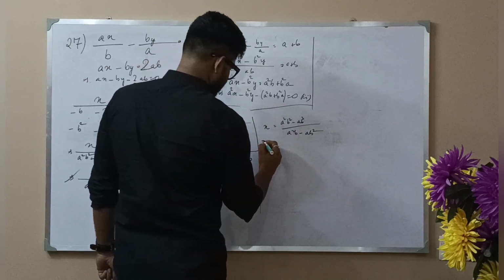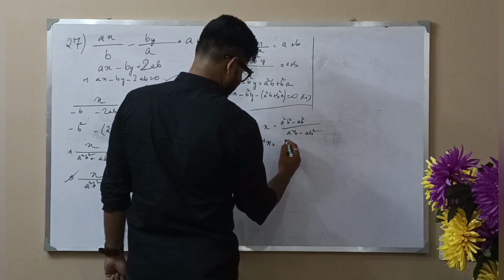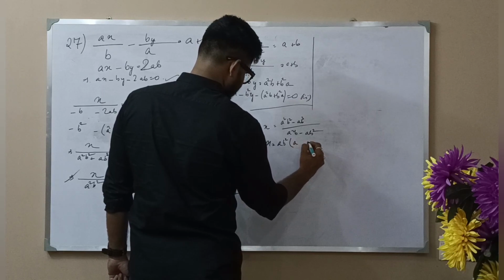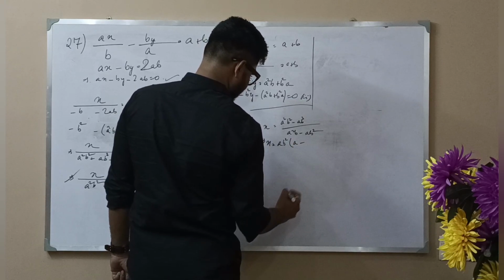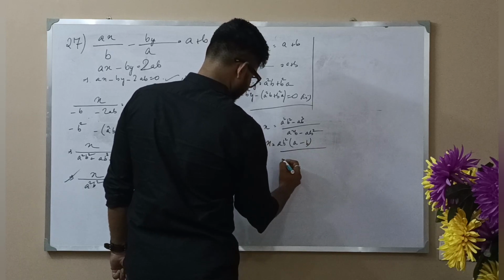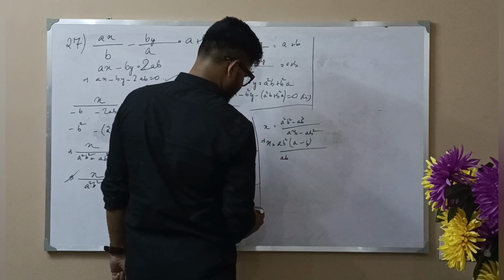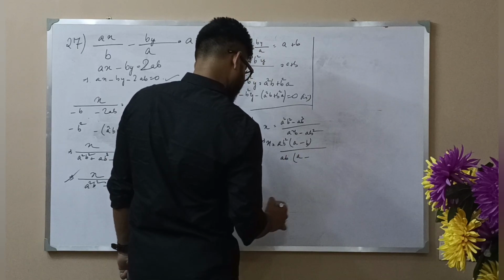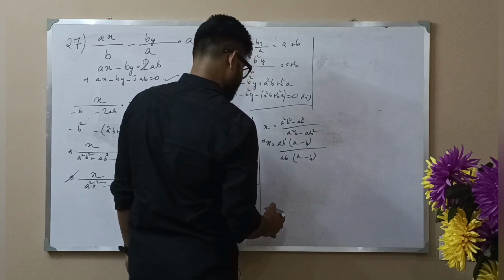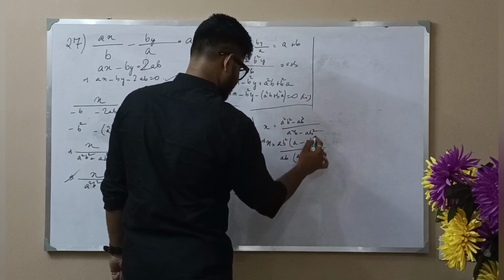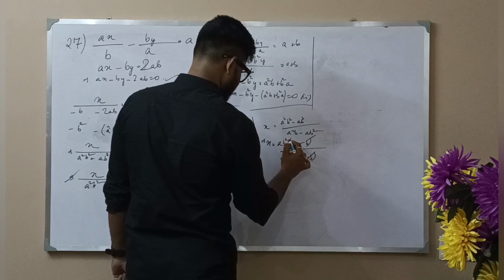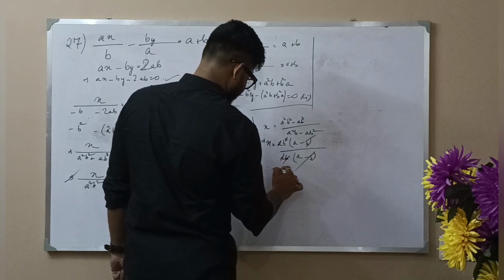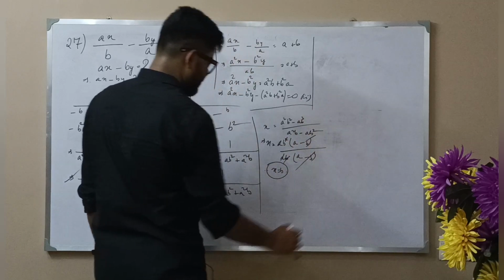Okay, so x equals to, I can take ab square as common, so a minus b by ab as common, a and b. So b will get cancelled. Okay, the value of x is b.